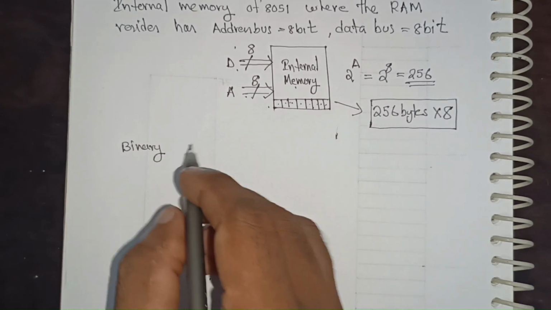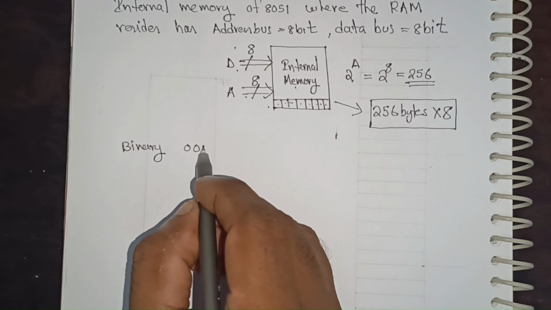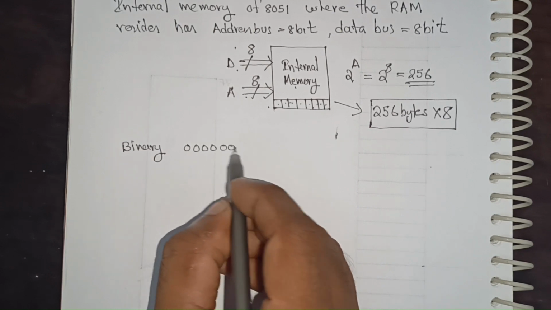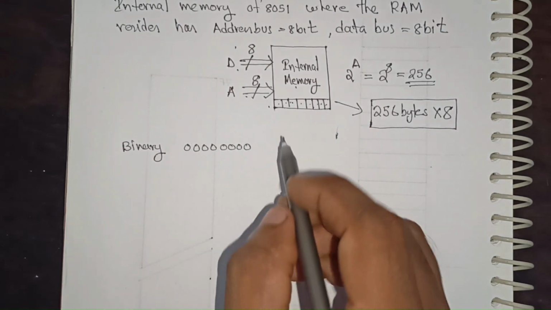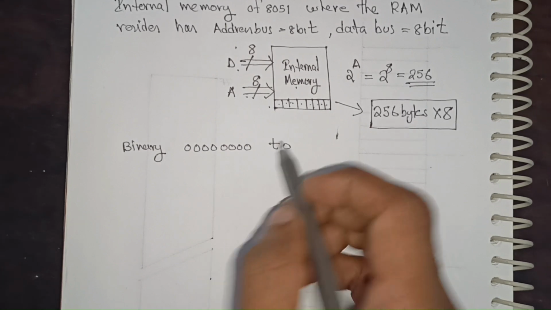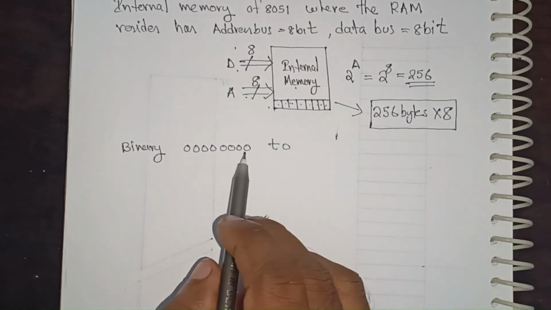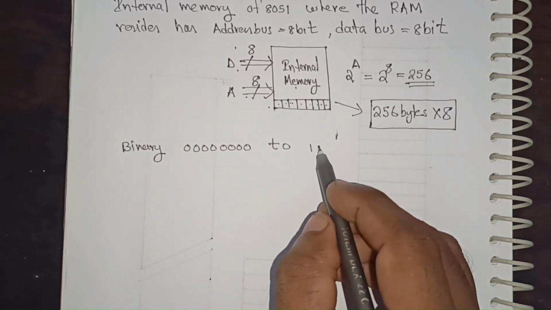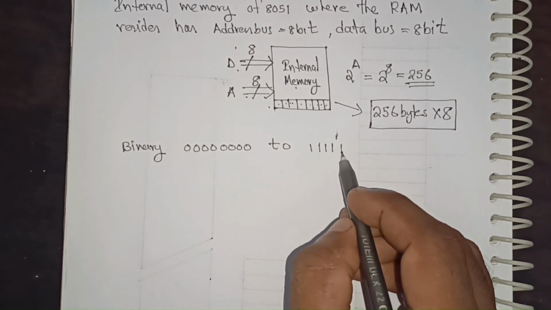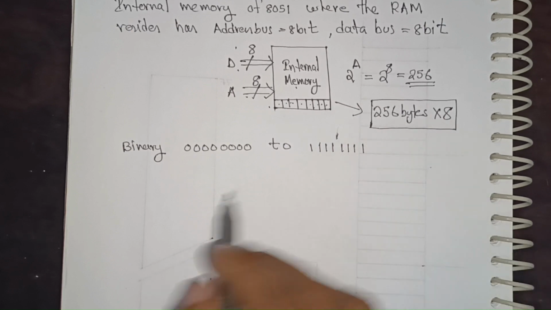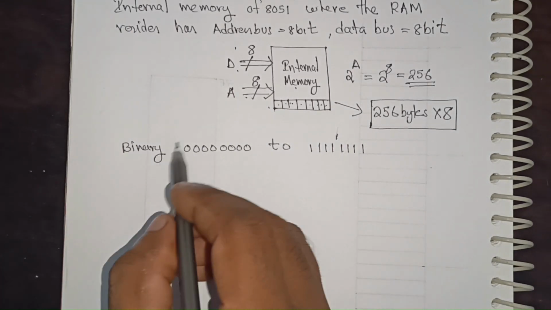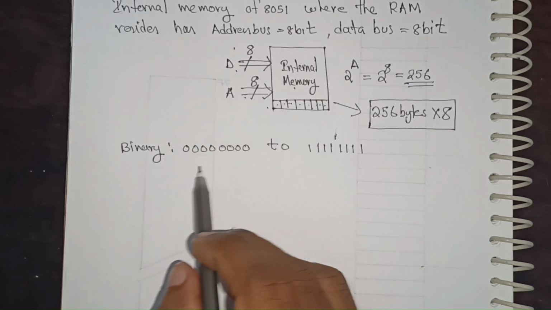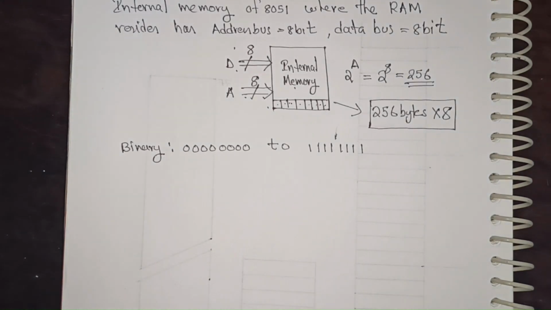First address will be 8 zeros, and it goes all the way up to 8 ones. So this is the binary representation of the address range.